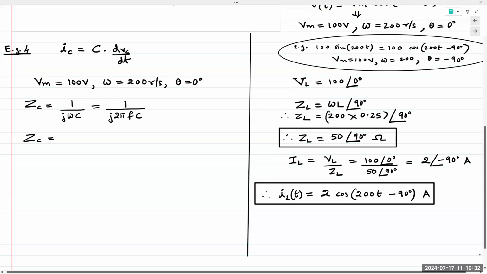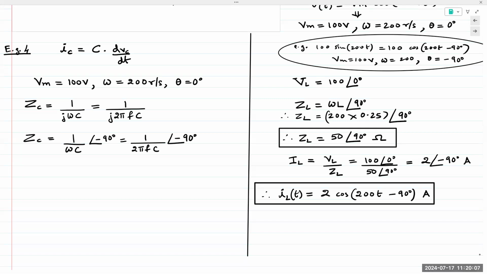In polar coordinates, it would be 1 over omega c, and minus j would convert to an angle of minus 90. These are the standard equations for the impedances of a capacitor and an inductor.